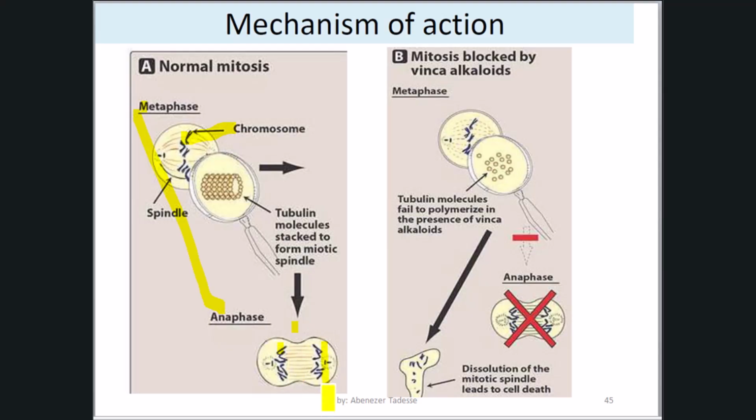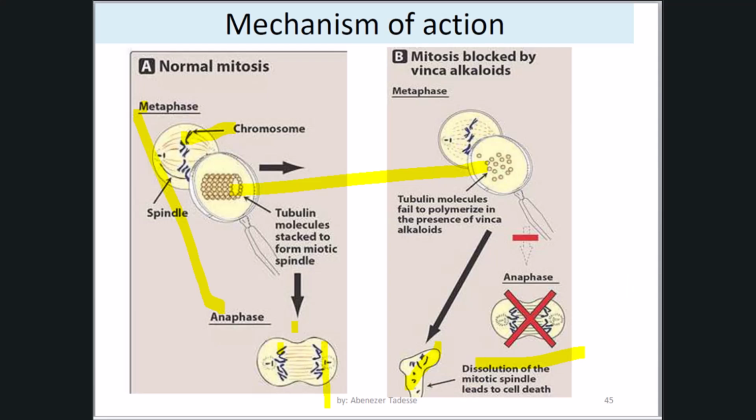But in the case of these medications, they disrupt this normal process, and the tubulin molecules fail to polymerize. So this results in dissolution or a non-functional cell. So this results in failure for the cancer.